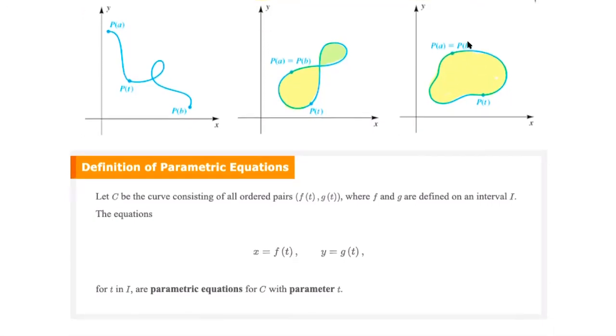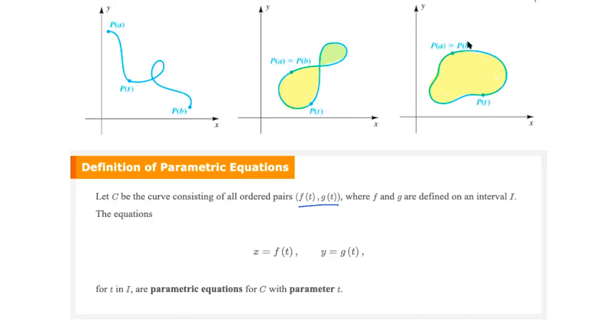Now, if we look at a sort of textbook definition of parametric equations, this is what it might be a little bit more formally. We're going to let C be the curve consisting of all ordered pairs f of t and g of t, where f and g are defined over a given interval. Maybe the interval is from 0 to 2 pi, or from 0 to 10, like the first 10 seconds of the movement of something.